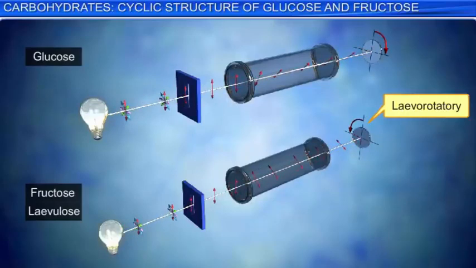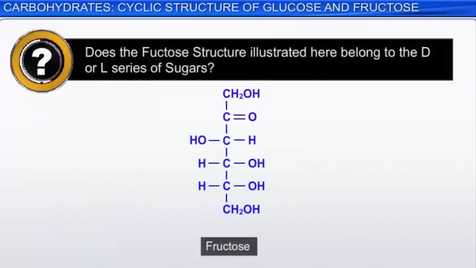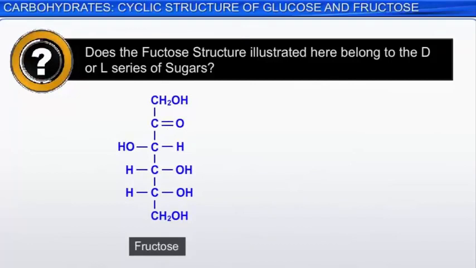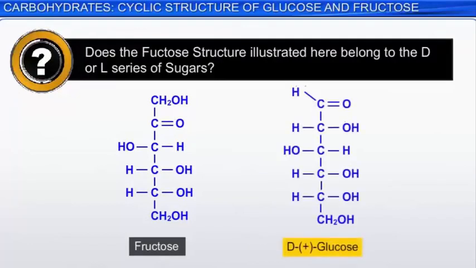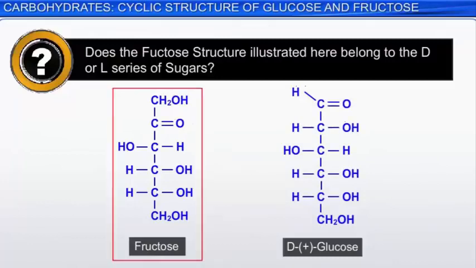In fact, an old name for fructose is levulose. Does the fructose structure illustrated here belong to the D or L series of sugars? As fructose can be chemically correlated to dextrorotatory glucose with D configuration, it also belongs to the D series. Hence, fructose is levorotatory with D configuration.